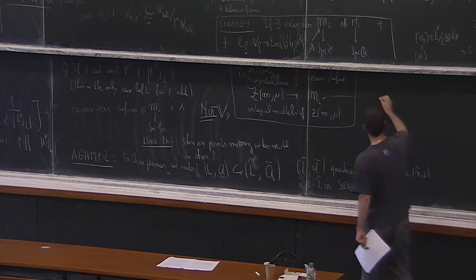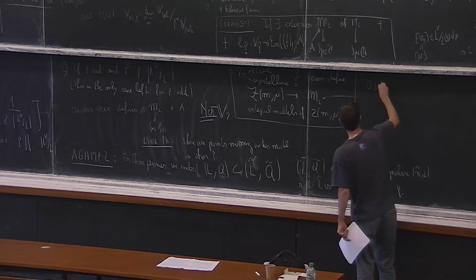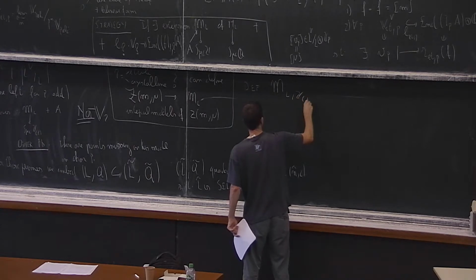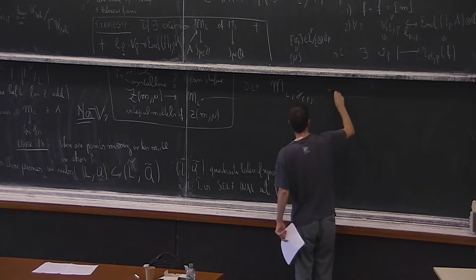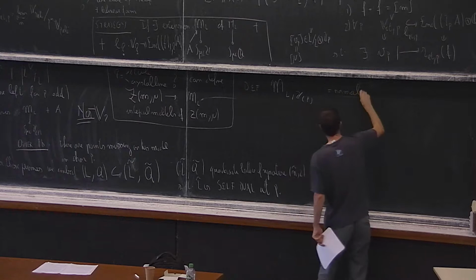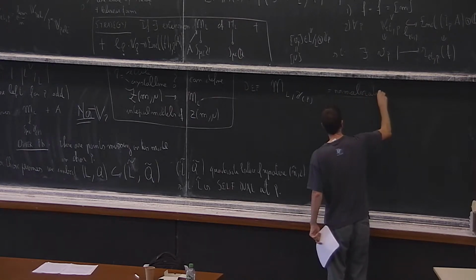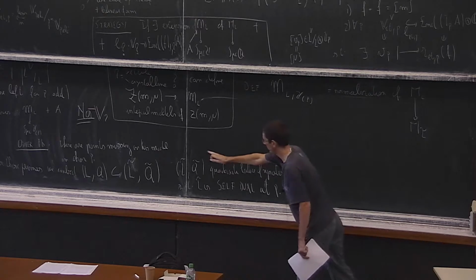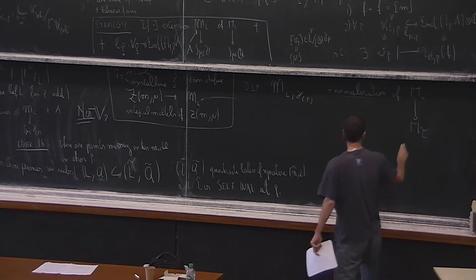And then we define M_L at least over Z_p as the normalization of M_L tilde. So this maps to some M_L tilde because you have a map compatible with quadratic forms.